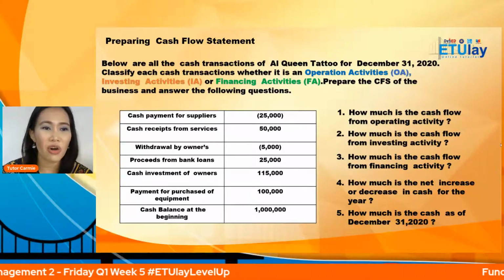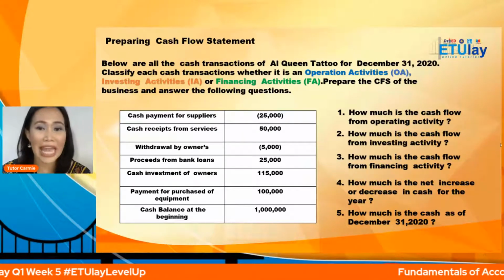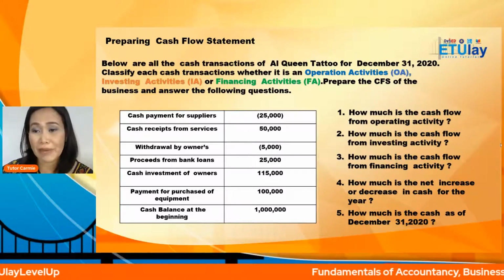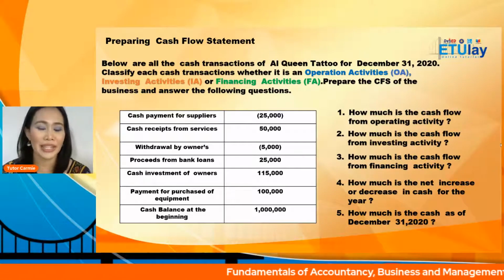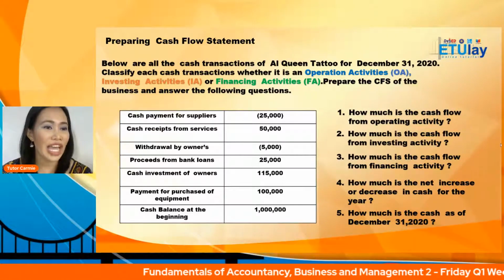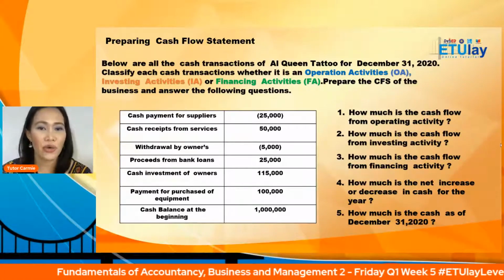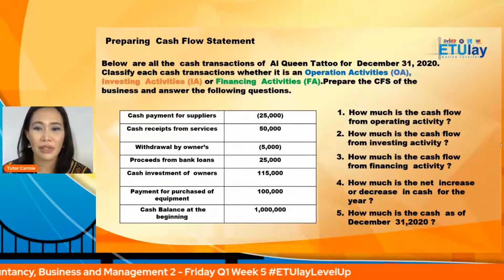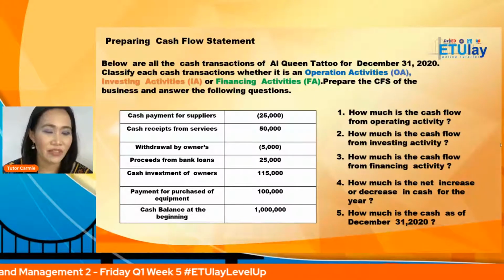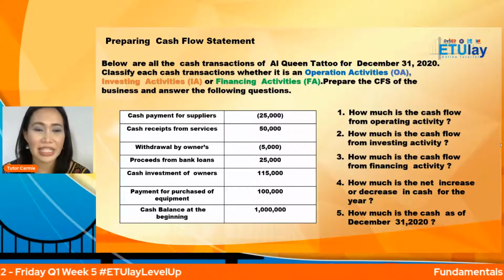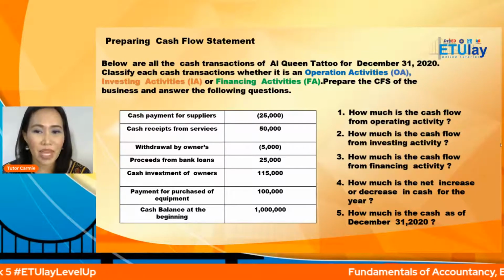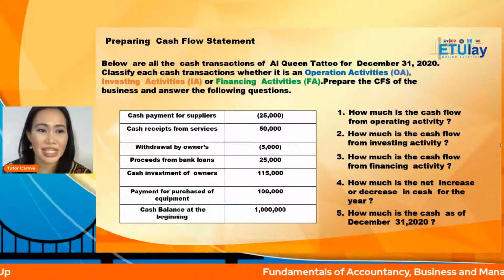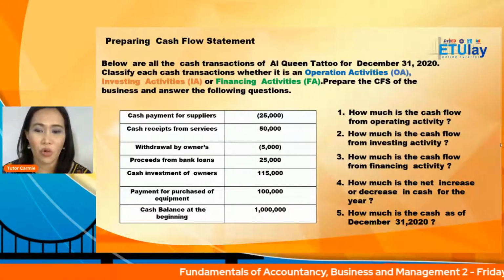So, below are all the cash transactions of Alquin Tattoo for December 31. Classify each cash transaction, whether it is an operating activity, OA, investing activity, IA, or financing activity, FA, prepare the CFS of the business, and answer the following questions.